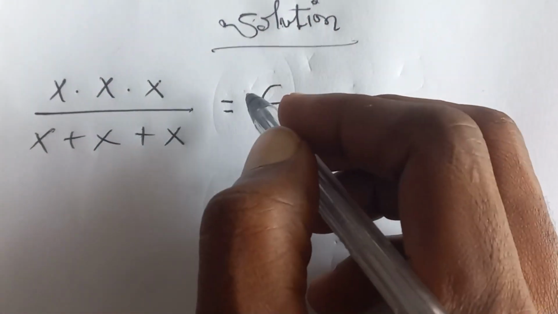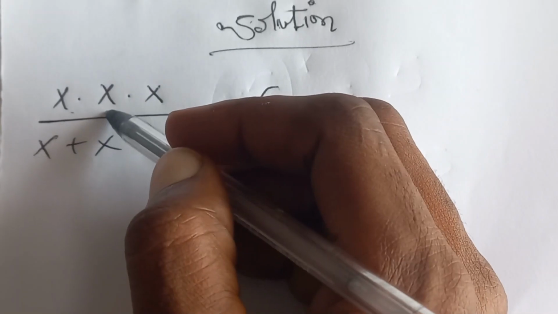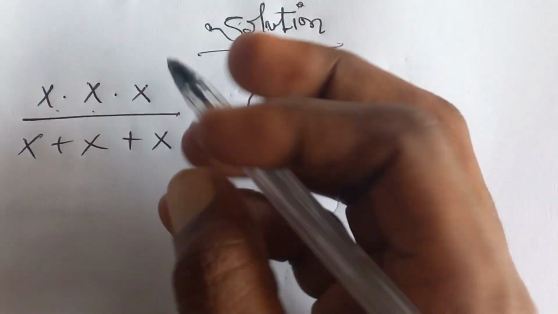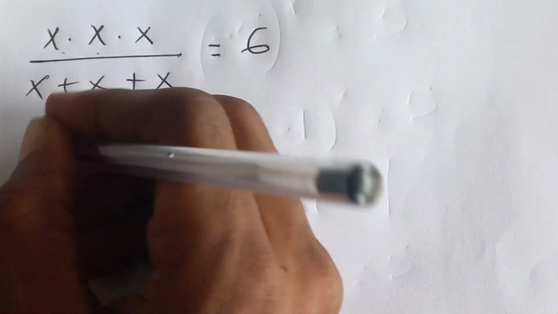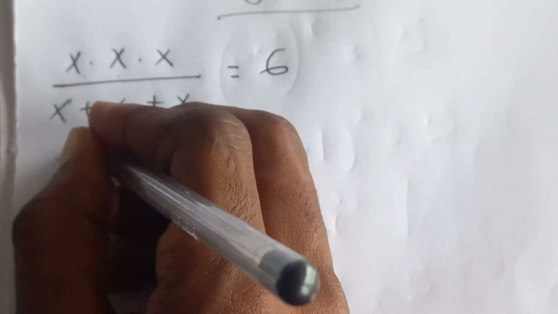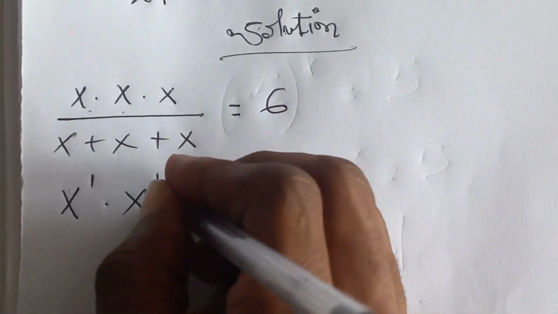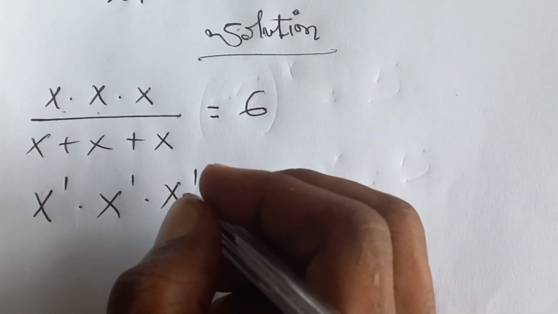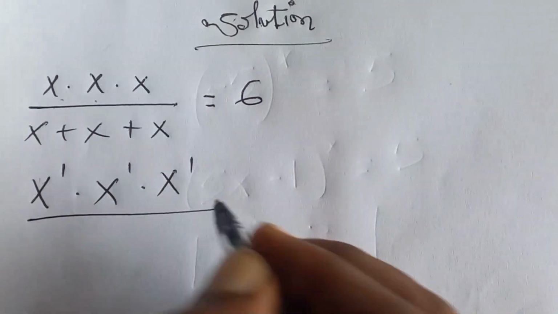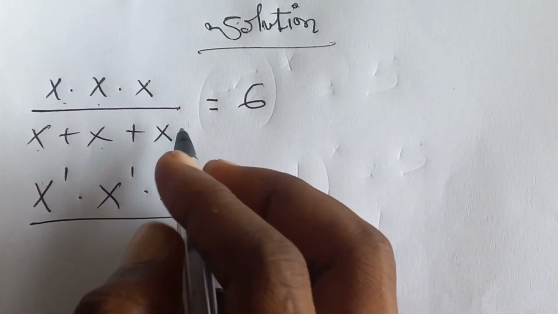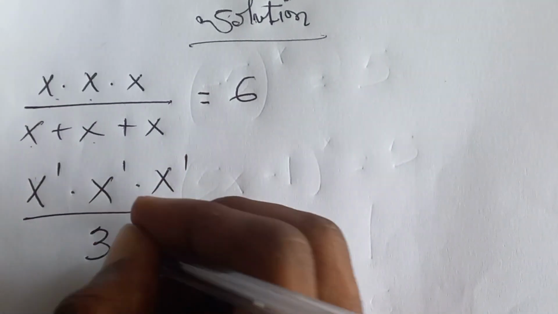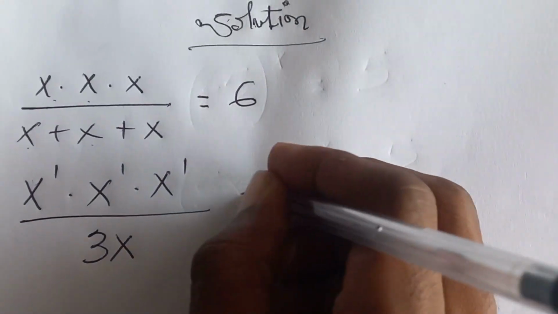And we know that in this case, x multiplied by x multiplied by x, we can rewrite it as x exponent 1 multiplied by x exponent 1 multiplied by x exponent 1, on now x plus x plus x, we are having 3 x's, which is equal to 6.